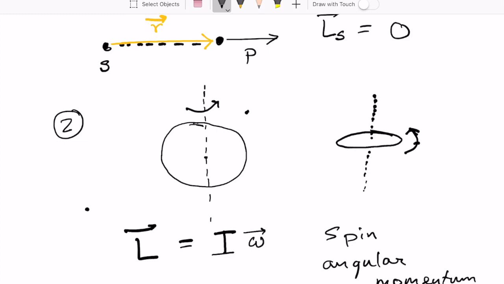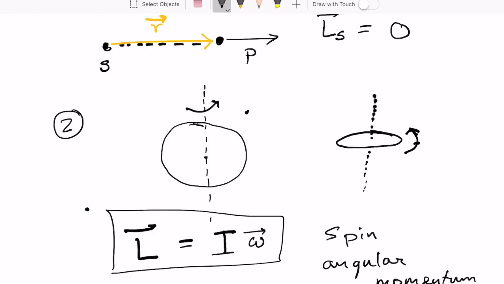But you can prove that the spin angular momentum does not depend on where you're measuring the angular momentum from, even though this formula ultimately comes from L is equal to R cross P. So you take L is equal to R cross P and then you calculate the angular momentum of the extended object and you get this formula L equals I omega. Even though L equals R cross P does depend on where you're measuring R and P from, L equals I omega does not depend on where you're measuring it from.